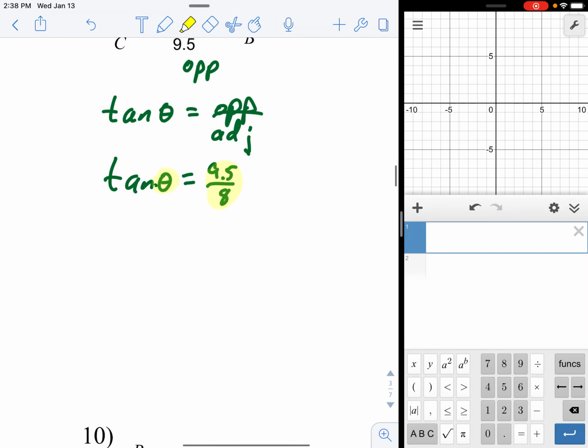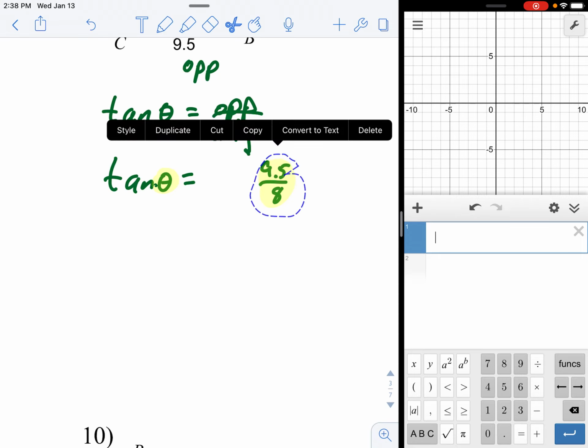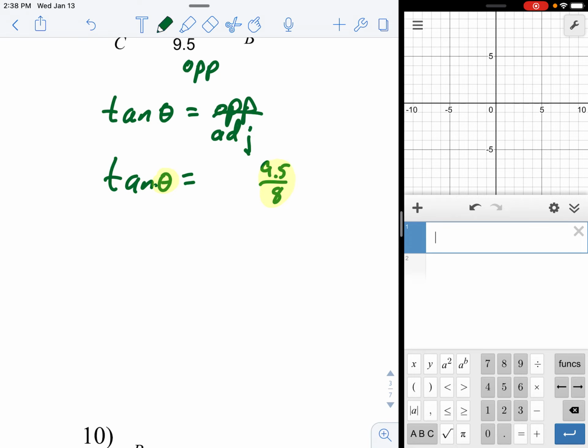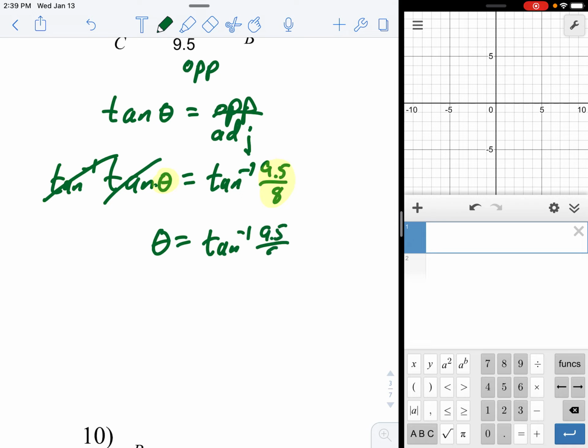So to solve this equation, I'm going to move this over a little bit so I've got space, and I am simply going to write inverse tangent on both sides. Inverse tangent on this side cancels out tangent and isolates the variable. That's what we want. Inverse tangent on the other side just happens to be something you need a calculator for.